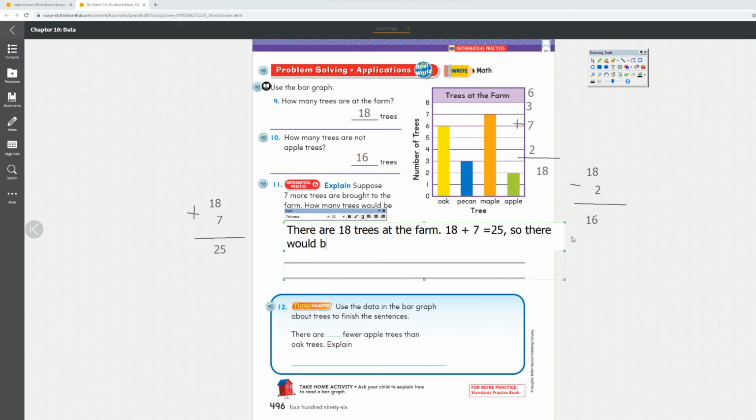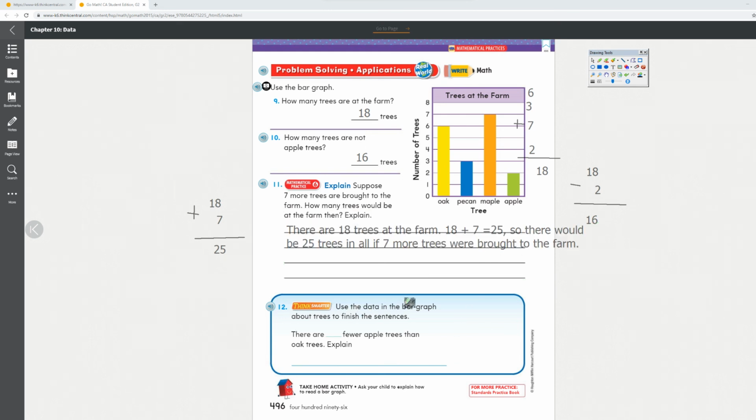So there would be 25 trees in all if 7 more trees were brought to the farm. So that's the math that we did. 18 plus 7 equals 25. So we would have 25 total if 7 more were brought to the farm.